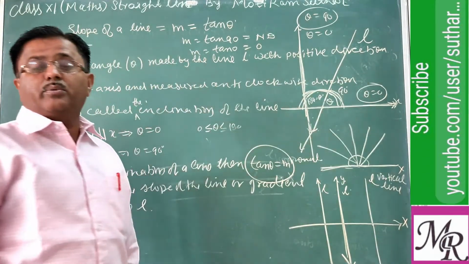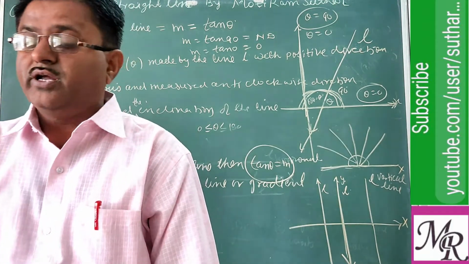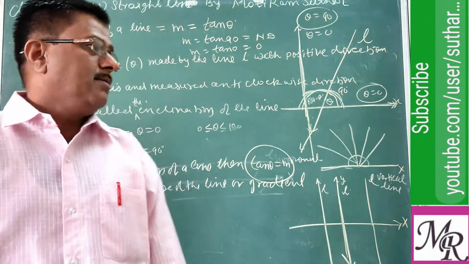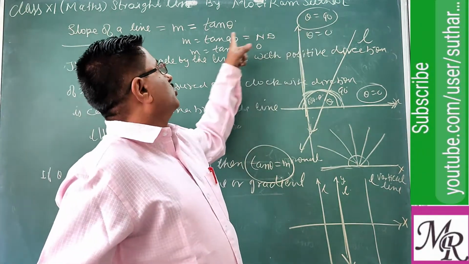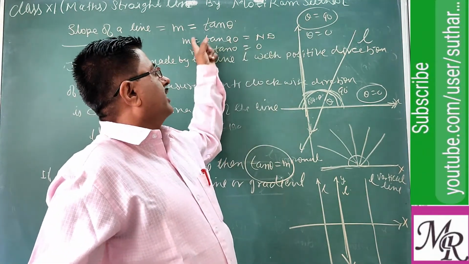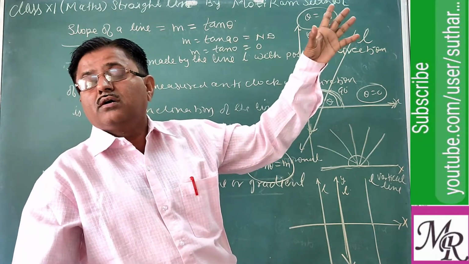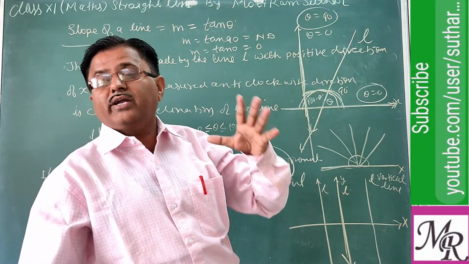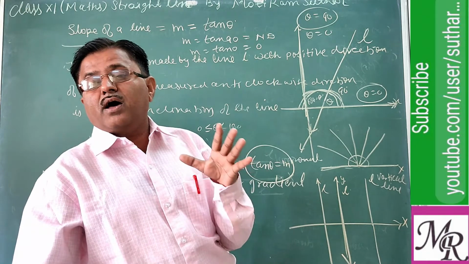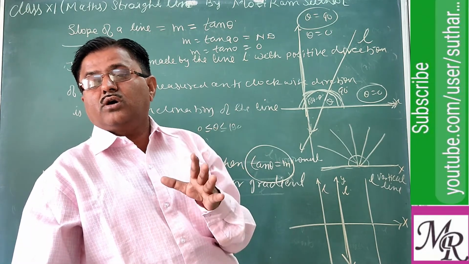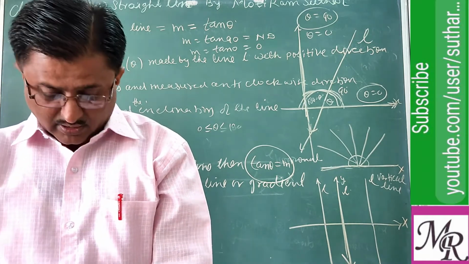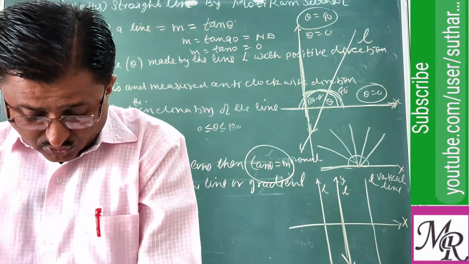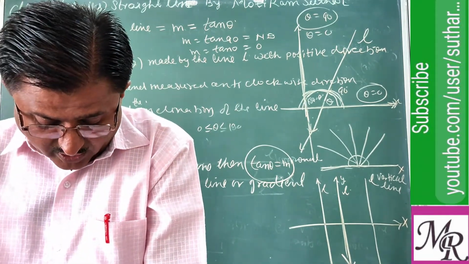We already know that the y-axis is always perpendicular to the x-axis. That's why one can say theta is 90. So the slope of that axis is not defined. So we write here: the slope of the x-axis is 0 and the slope of the y-axis is not defined. So in this way one can find the slope.